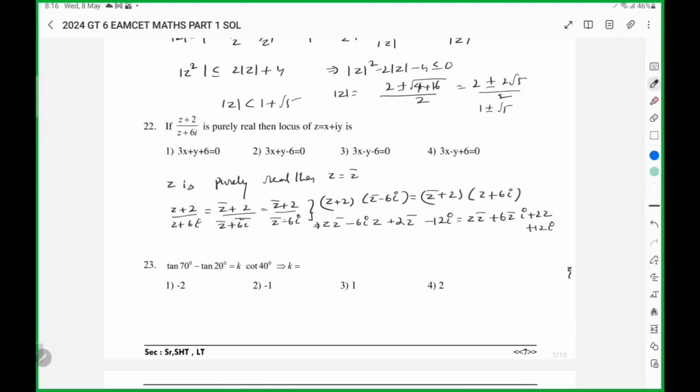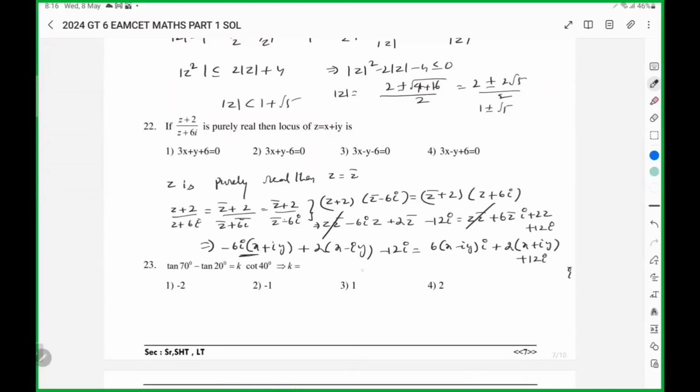z bar z gets cancelled. Here it is minus 6i times x plus iy plus 2 times x minus iy minus 12i is equal to 6 times x minus iy into i plus 2 times x plus iy plus 12i.